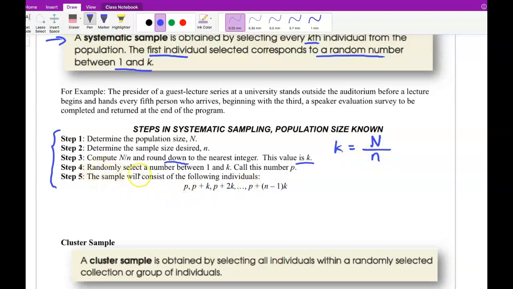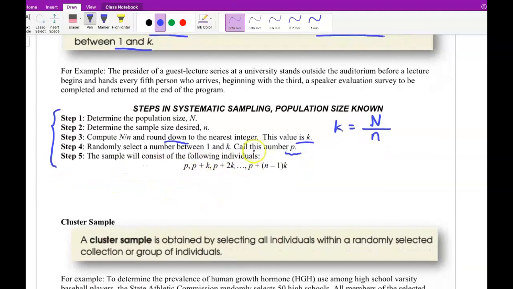Then step 4, randomly select a number between 1 and k. Call this number p. The sample will consist of the following individuals. The first number that we're choosing is between 1 and k, so the first one is p. The next one is p plus k, so I'm moving based on what k is.